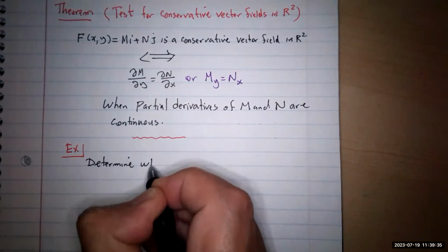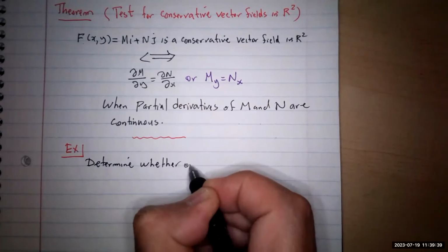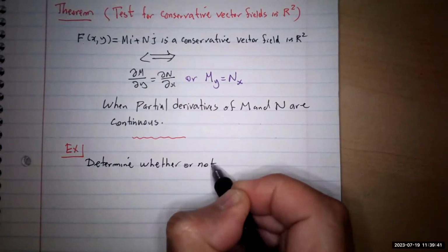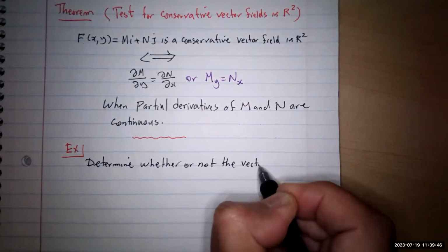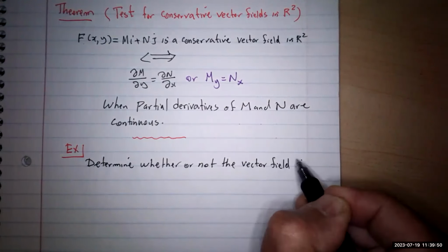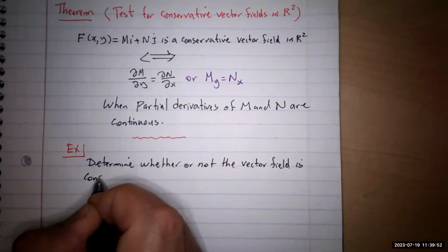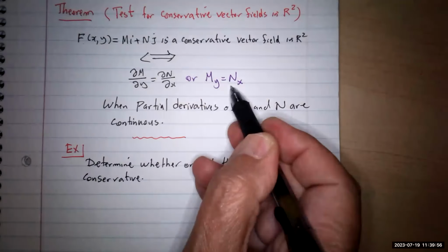So we want to determine whether or not this expression from your book, whether or not the vector field is conservative. Means if this condition is satisfied.